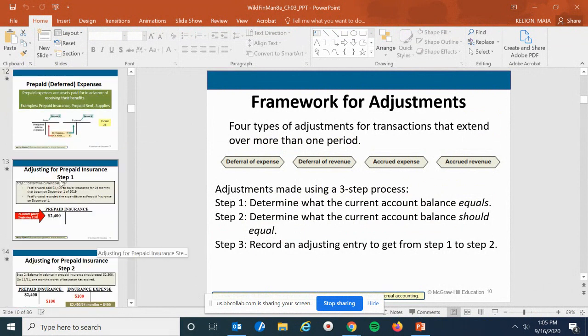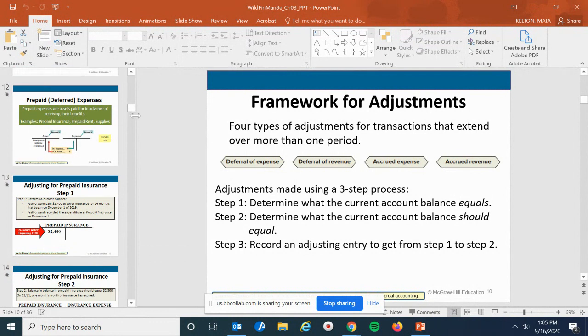I'm not going to spend too much time on the actual entries because we already looked at them last time. And then we will go to Connect where we'll be working a few problems.